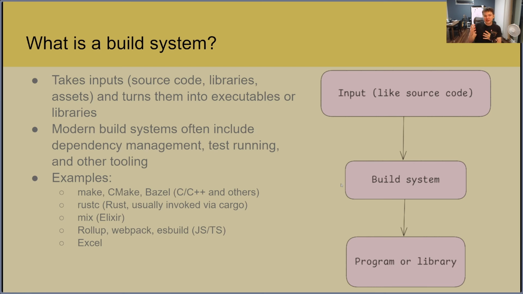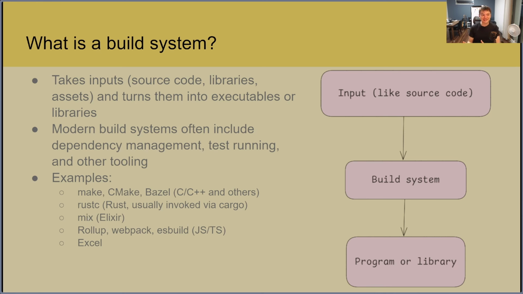They'll also have a bunch of task running. That will include tests, format commands, and linting and stuff. Those will all be part of modern build tools, and then other tooling that depends on the system itself. Some examples: in C and C++, you'll have make, CMake, and Bazel. For Rust, you'll have rustc, which is usually invoked via cargo. For Elixir, you'll have elixirc, which is usually invoked with mix.